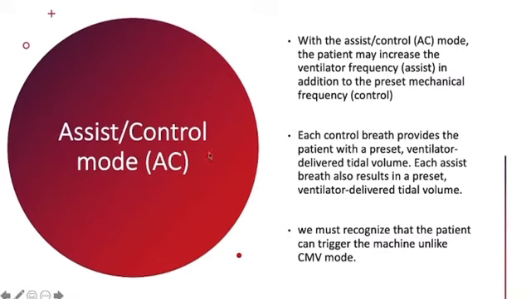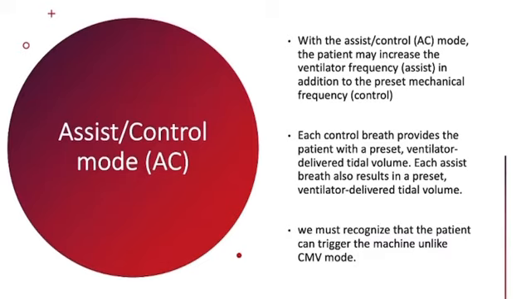All ventilators mostly use assist control mode, or they use CMV by the name of assist control mode. With the assist control mode, the patient can increase the frequency above the preset mechanical frequency. What does this mean?